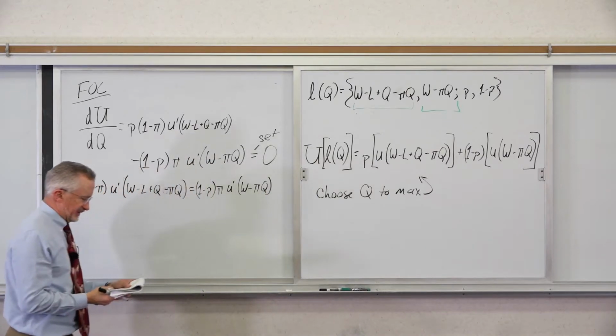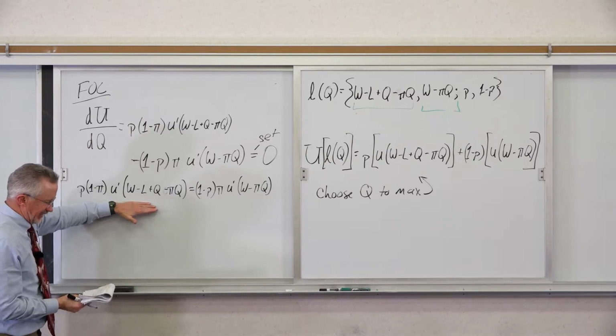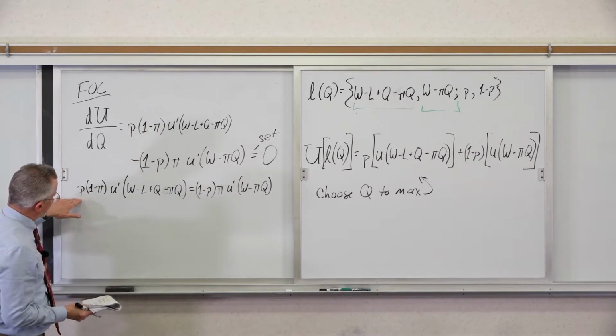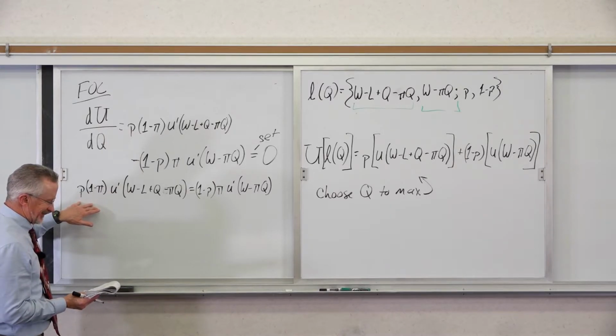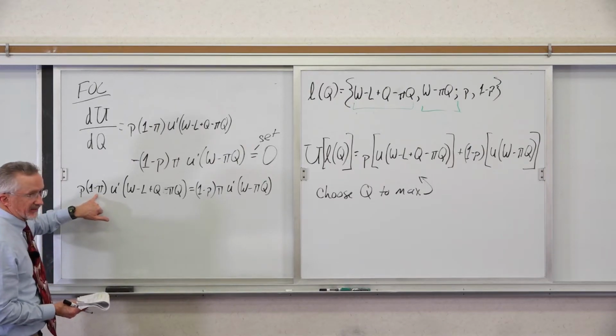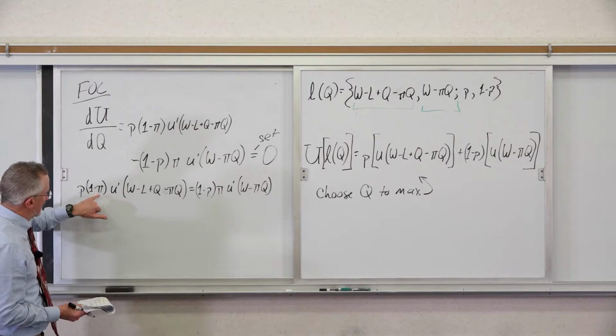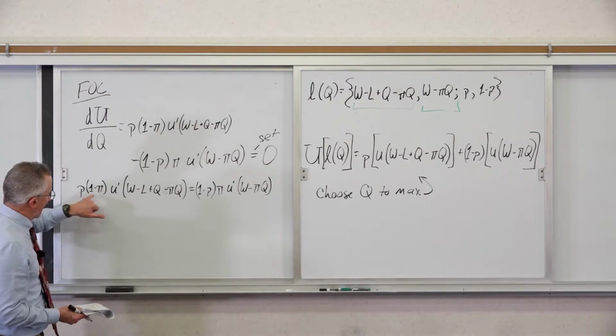Great. Can we interpret this? Well, this is the expected marginal utility if a fire occurs times the share of $1 spent on premium that is then returned to you. For every dollar of premium you spent, pi, you get that back.